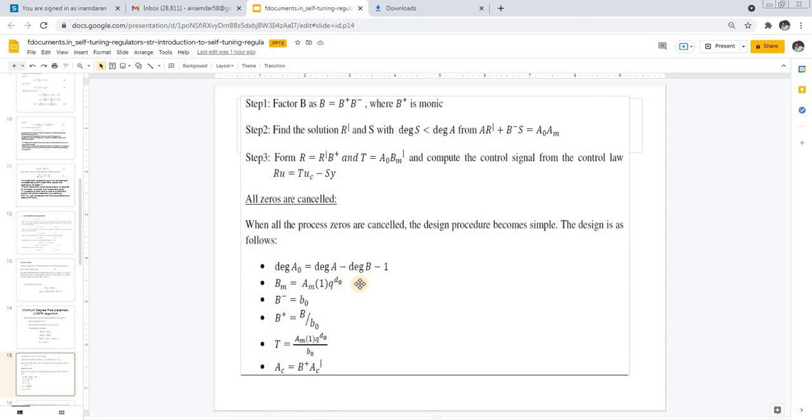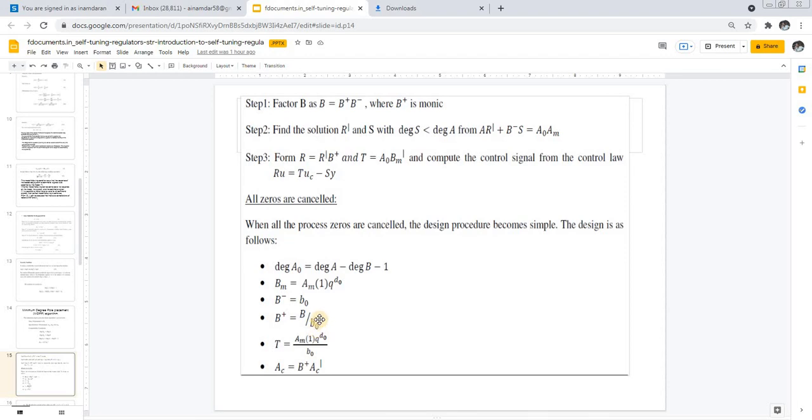After that, the factorization in step 1 is very simple, and from this step 1 we get B dash equals B naught, and B plus equals B by B naught.